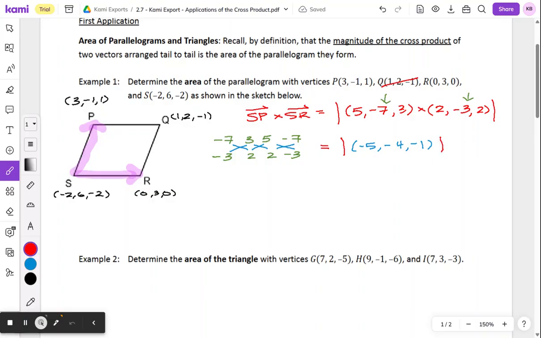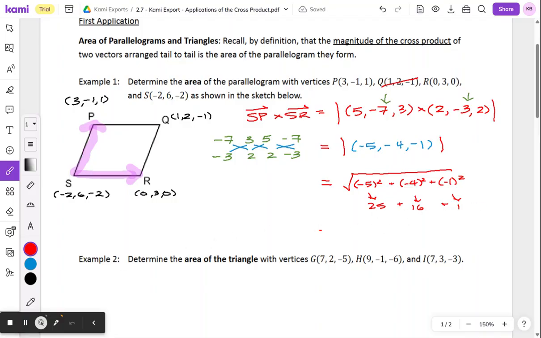If I was just calculating my cross product, I would be done. But I'm calculating the magnitude of my cross product. So I'm just going to quickly do this and use our extended Pythagorean theorem. This would be 25, 16, and 1.